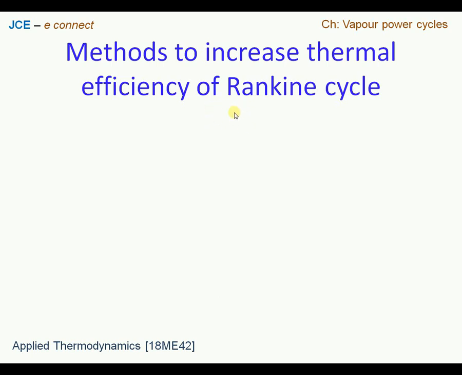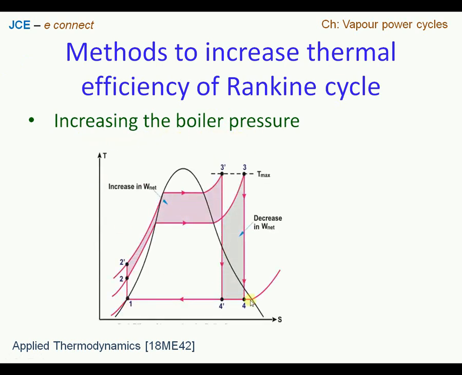Now the last one was increasing the boiler pressure. We have a TS plot here, and the normal pressure of the boiler is shown here from 2 to 3. The third method proposed was increasing the boiler pressure, which obviously increases the corresponding saturation temperature, so we get a twin benefit of increasing the pressure along with the temperature.